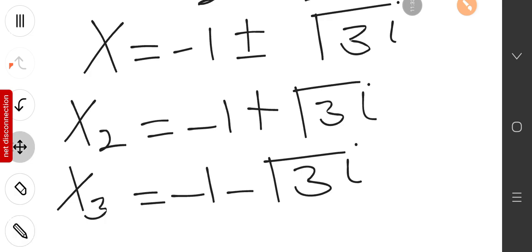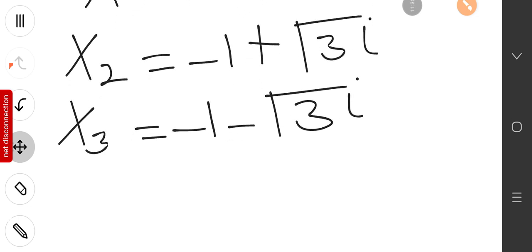So you can see we have x2 and x3. Now that we've been able to solve x1, x2, and x3, since the question involves the difference of cubes, let's organize our answers.